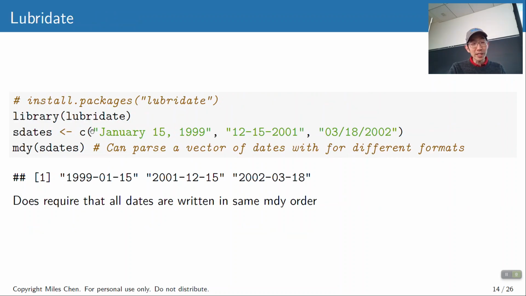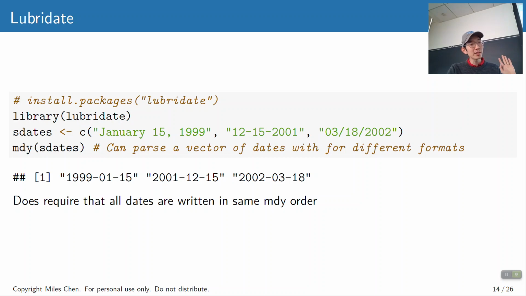Now, with lubridate, you can have something like January 15, 1999, or 12/15/2001, and all you have to do is say, hey, the information is stored as month, day, year, and it says, I gotcha, and converts it into dates that the computer understands, okay?